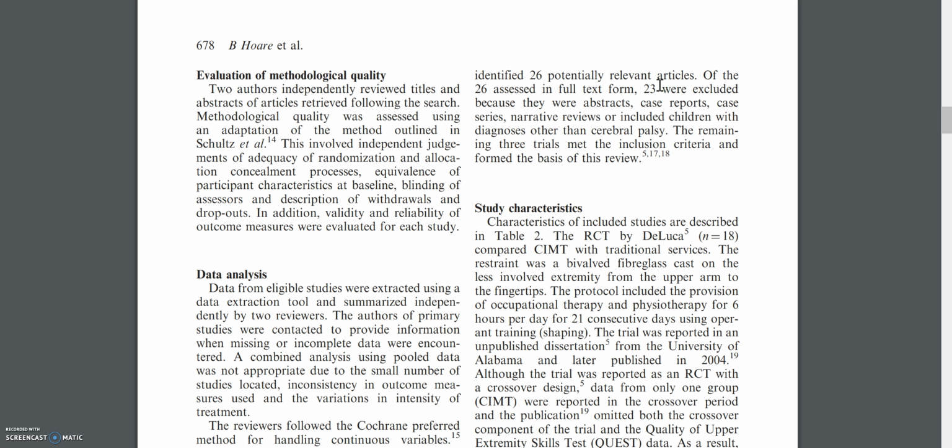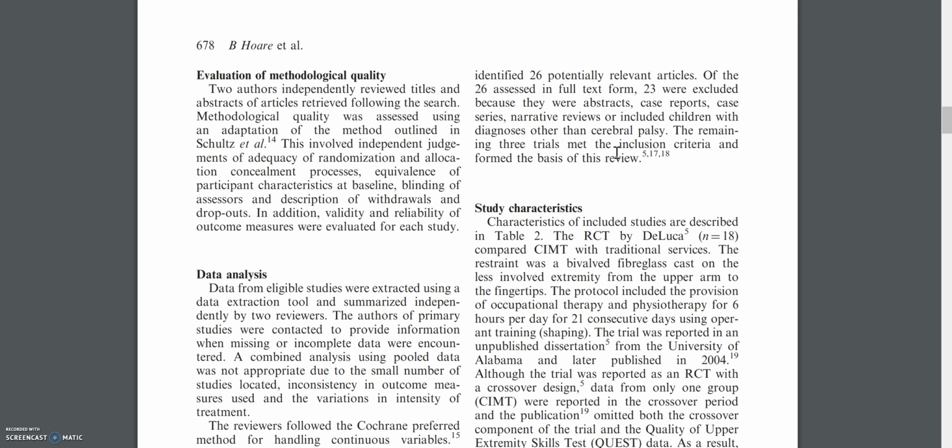And of those 26, 23 were excluded because they were abstracts, case reports, case series, narrative reviews, basically types of articles that they weren't looking for, right? Abstracts, because of course that's not enough. Case reports, case series, narrative reviews, or included children with diagnoses other than cerebral palsy. So these are all the things that they're excluding.